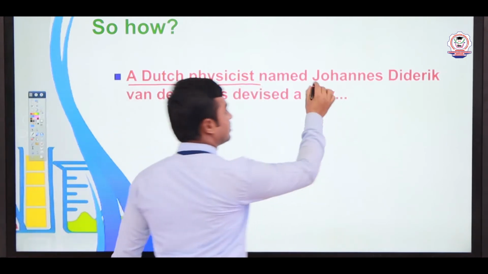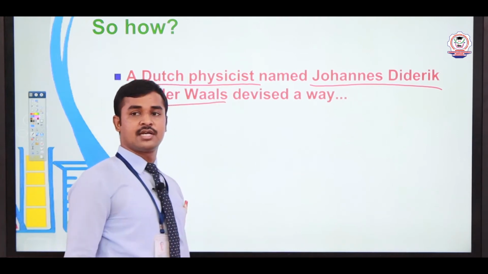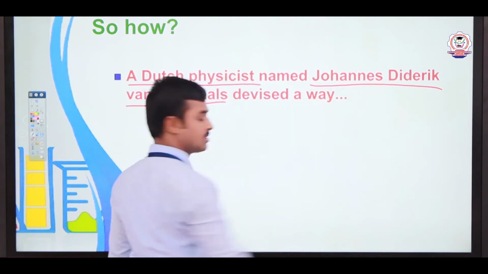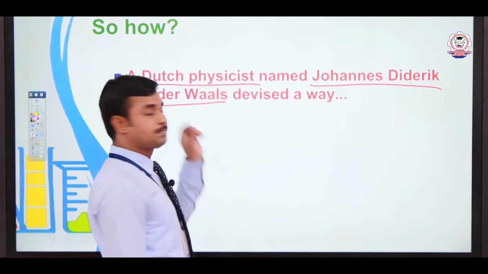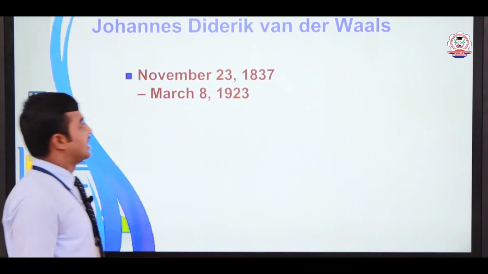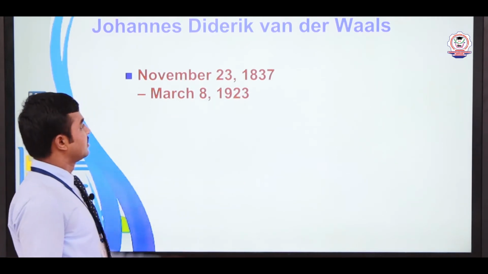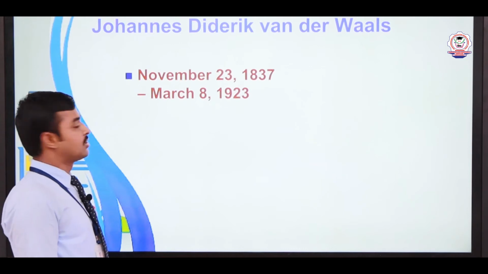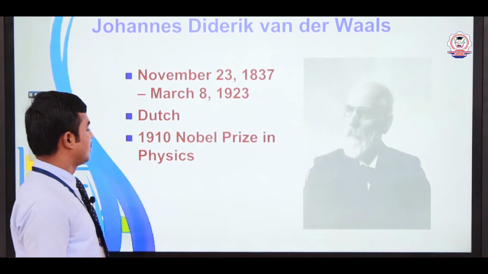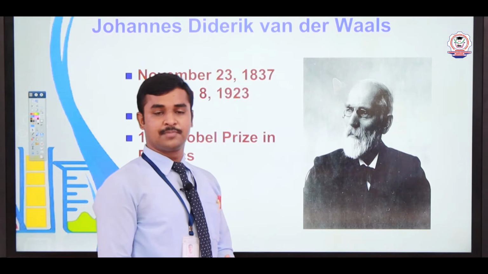His name is Johannes Diderik van der Waals, so the equation is called the van der Waals equation. He was born on 23 November 1837 and lived until 8 March 1923. He was a Dutch physicist, and in 1910 van der Waals received the Nobel Prize in physics.